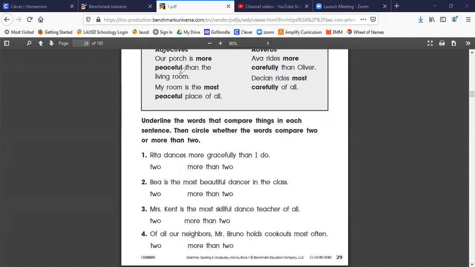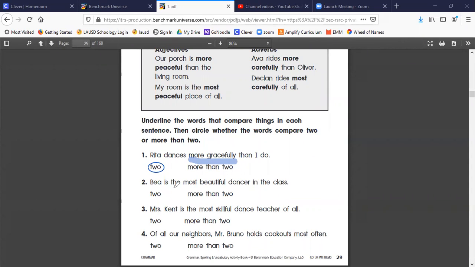So our words that we're using to compare here, more and gracefully. More gracefully than I do. So we're comparing Rita and I, and they use that word more. That means we are only comparing two things.